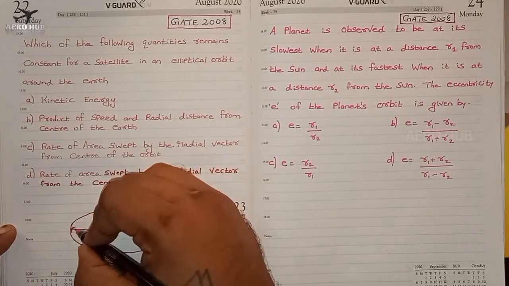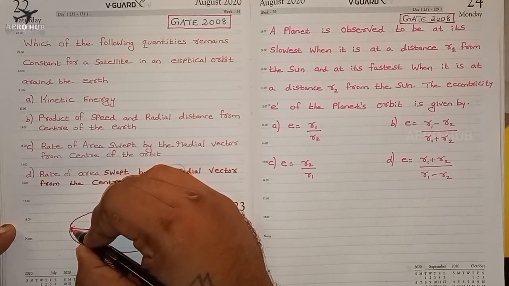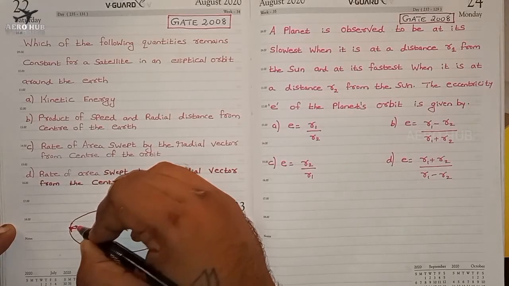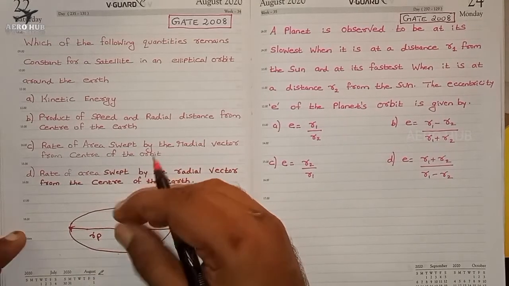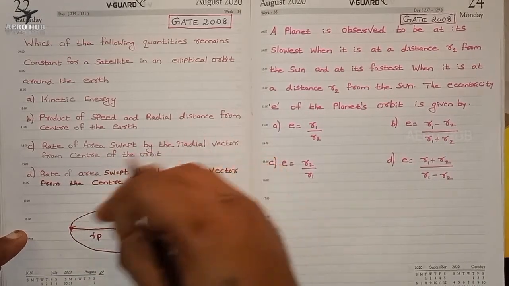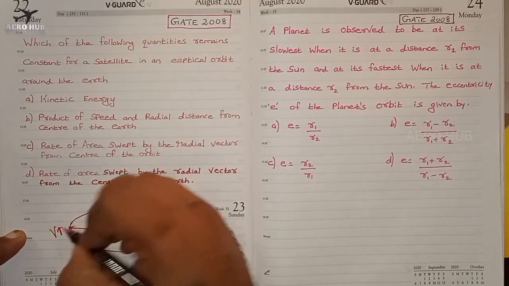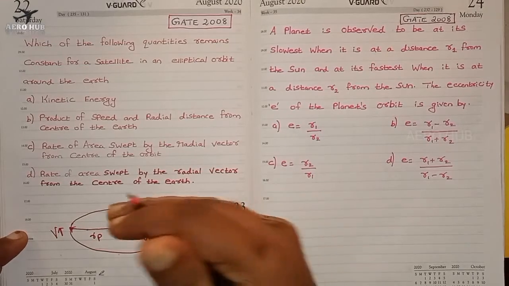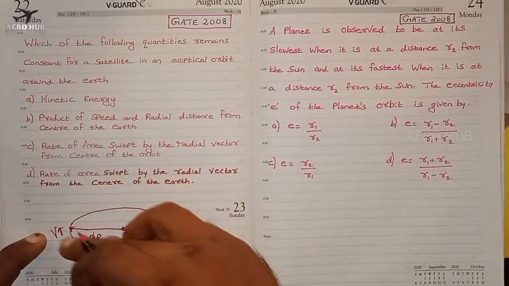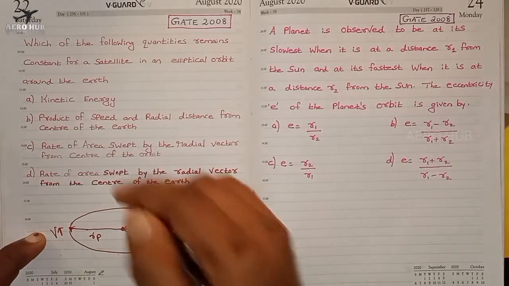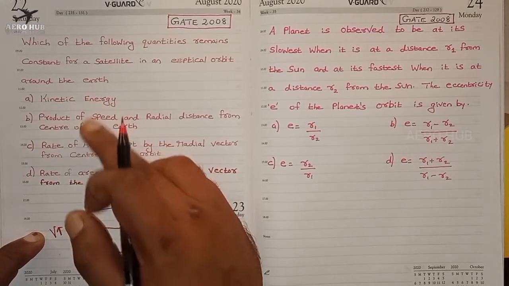Similarly, when the satellite is at perigee, the distance between the satellite and the Earth is very small, and the satellite will be operating at a high velocity. This concept we are using in the next problem also. That means the value of velocity is varying throughout the orbit. Therefore, option A as well as option B will be negligible.